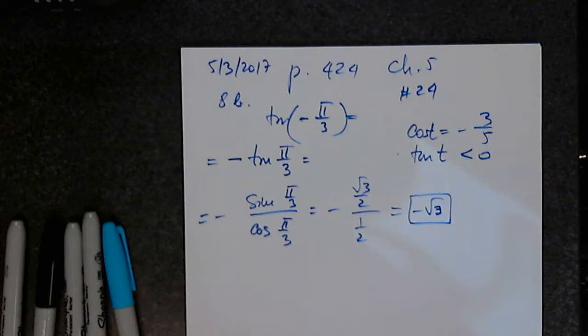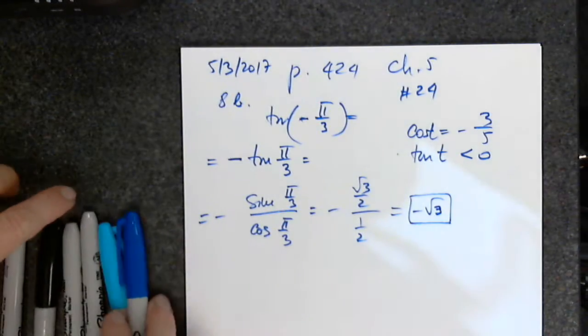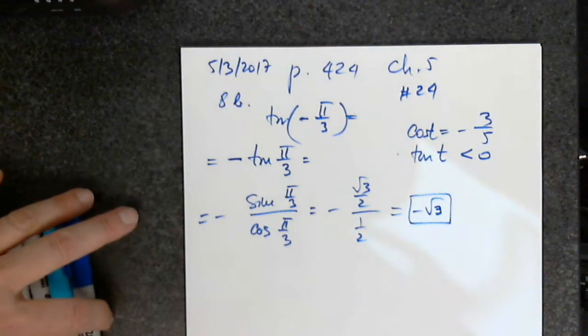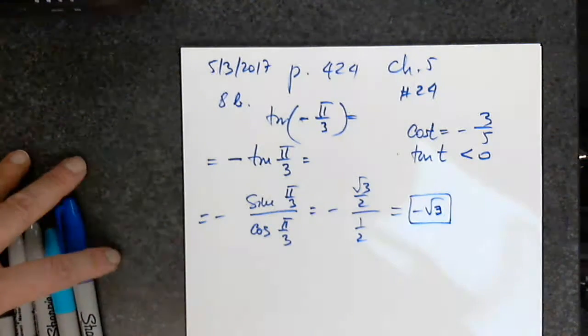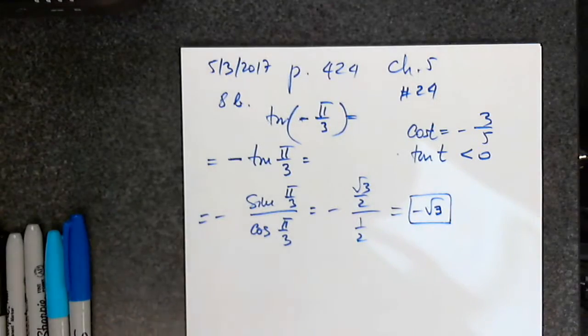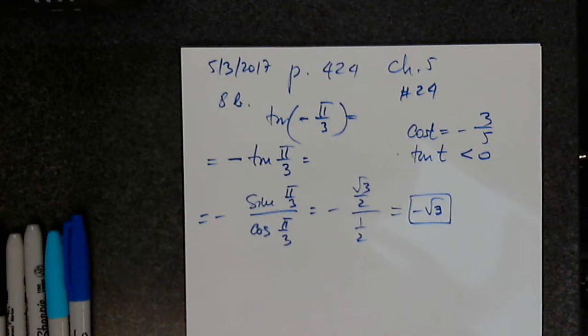I will apply the properties of odd and even, meaning I know that all trig functions are odd except secant and cosine. So 4 are odd. Any function that has sine in it must be odd.